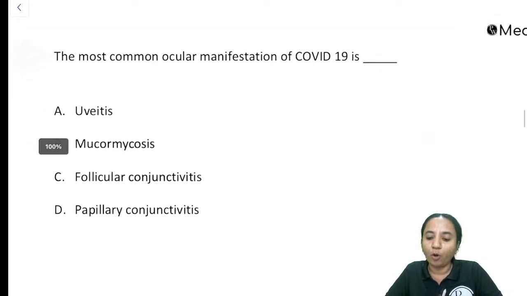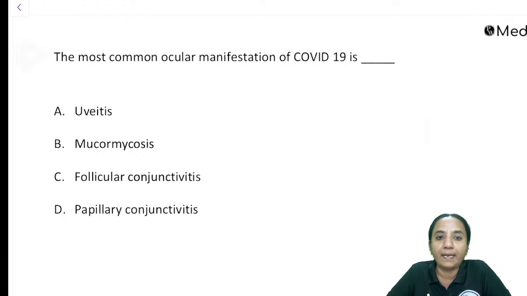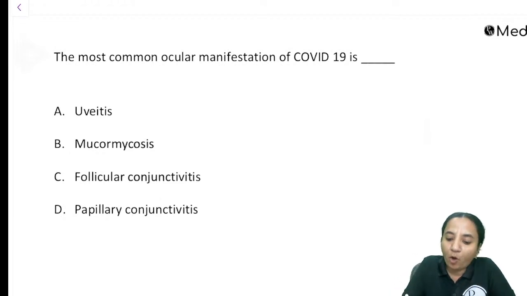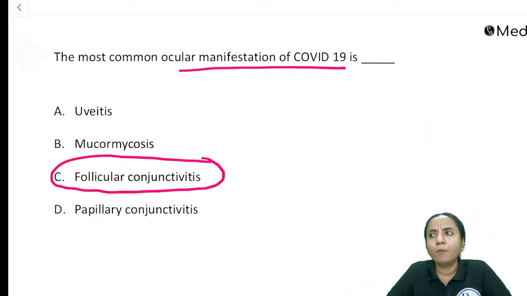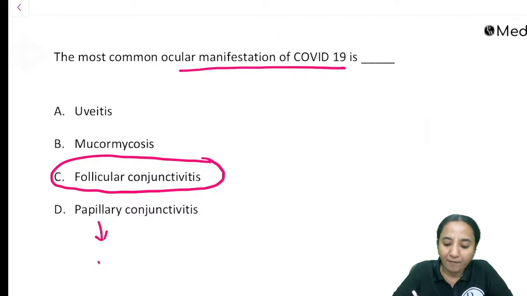The most common ocular manifestation of COVID-19. So, the most common ocular manifestation of COVID-19 is follicular conjunctivitis. Many upper respiratory tract infections, actually viral infections, present with conjunctivitis, and it is typically a follicular conjunctivitis. Papillary conjunctivitis is usually allergic in nature.